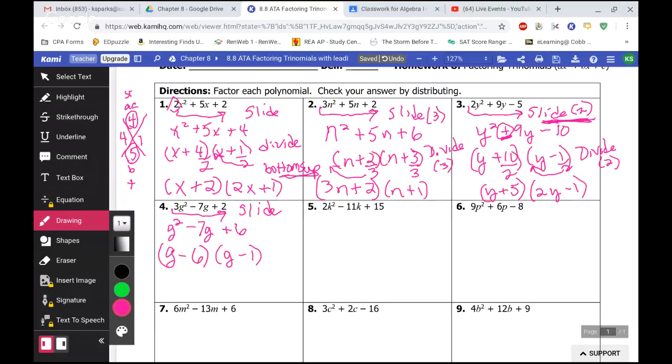Okay. Now we're going to divide. And what do we divide by? Whose background noise is that? I don't know. Oh, we made it. Yay.